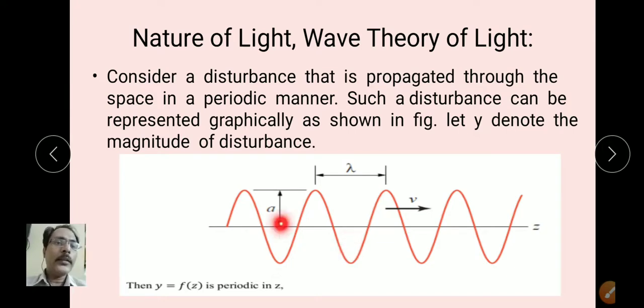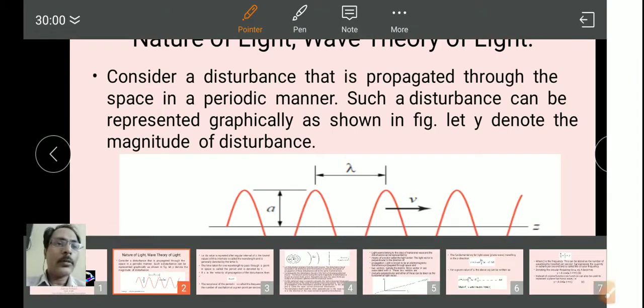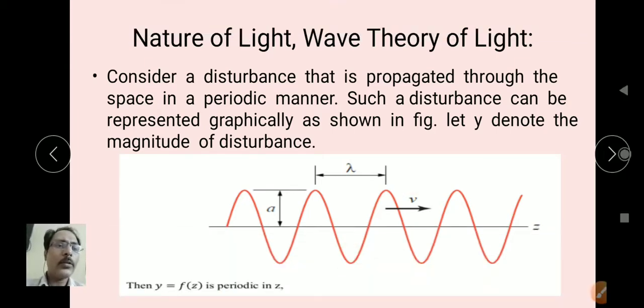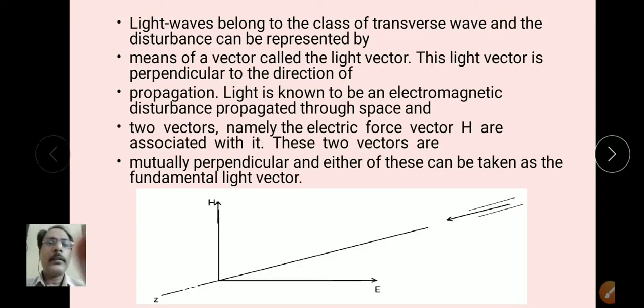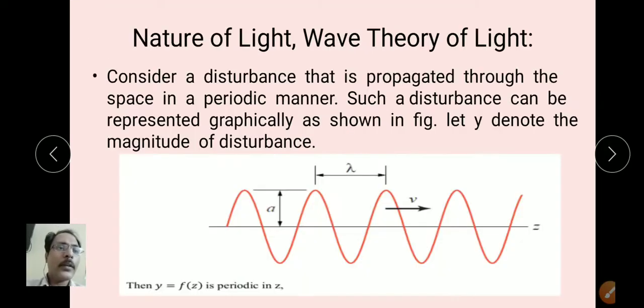A represents the amplitude of the wave, and lambda represents the wavelength. The wavelength is the distance between two consecutive crest points or two consecutive root points. And it is moving with a velocity v in the direction of z.